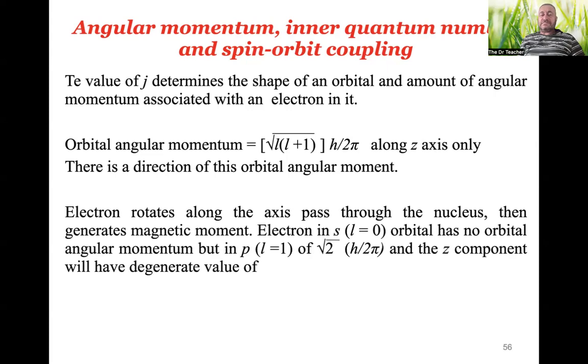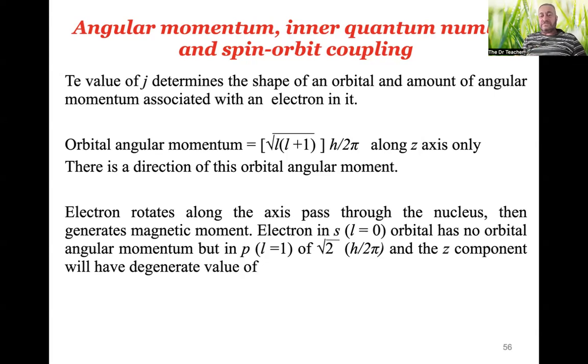An electron rotating along an axis that passes through the nucleus generates a magnetic moment. For an electron in an s orbital, L equals 0.